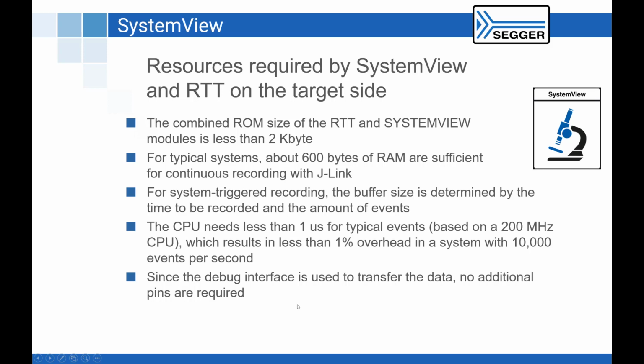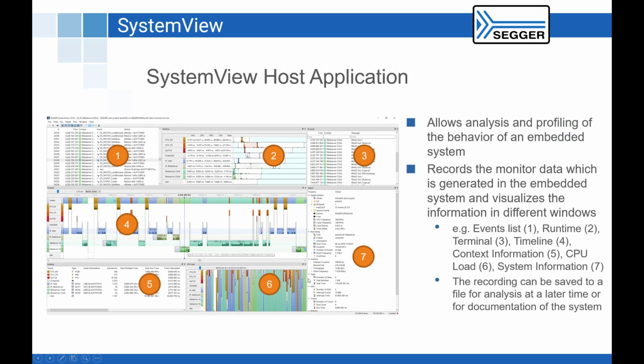But with SystemView, since you're doing this with instrumentation of your code, there's no additional hardware or pins required, which is nice. So let's take a quick look at the SystemView Host application.